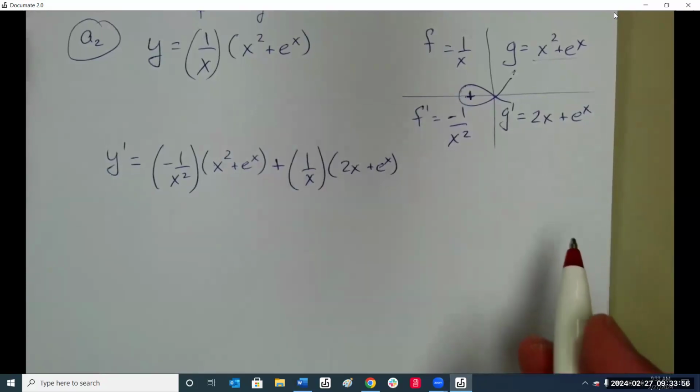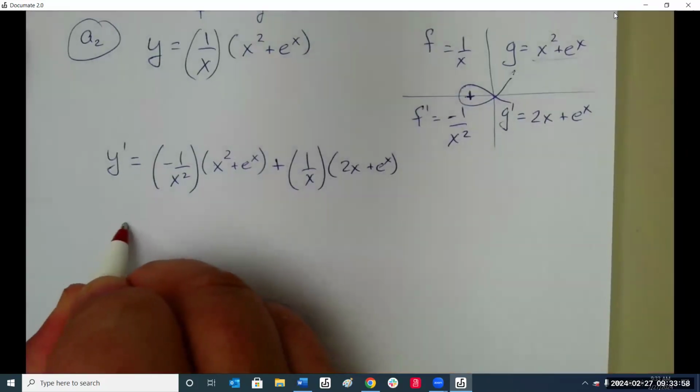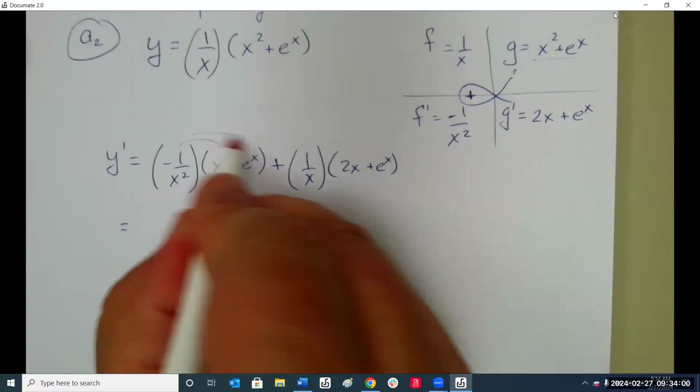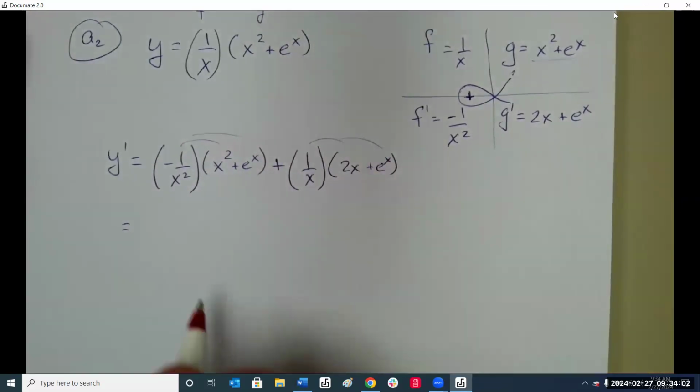Now we just do the algebra. Distribute those, get rid of the parentheses.